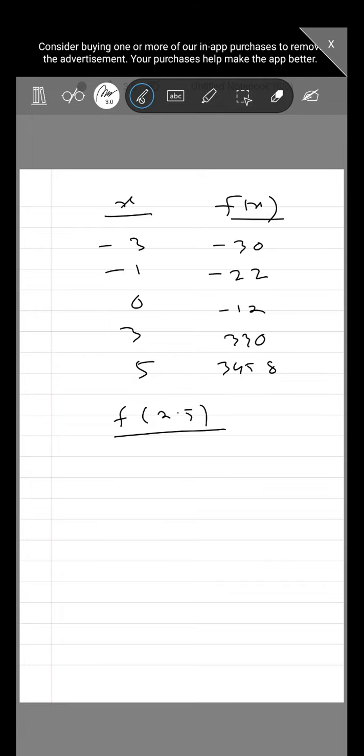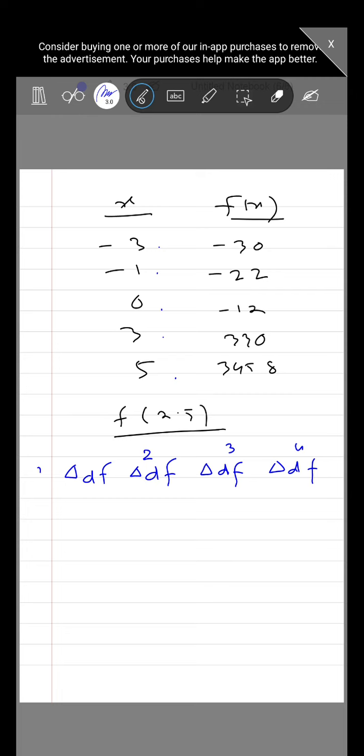We will first mention x here, then we will write f(x), then delta d f, then delta d square f, then delta d cube f, and delta d 4 f.